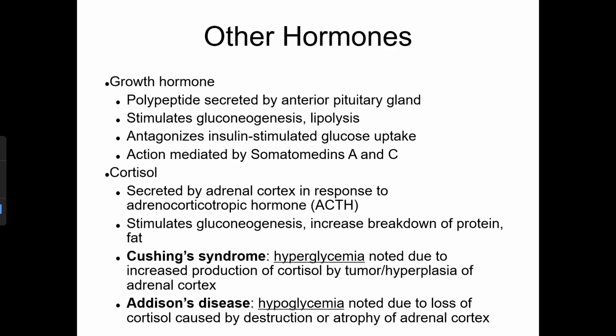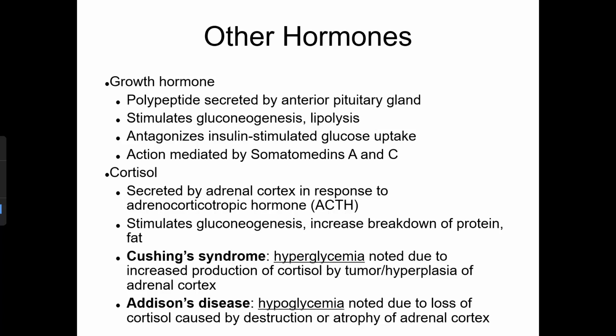Cortisol is secreted by the adrenal cortex in response to the adrenocorticotropic hormone, ACTH. ACTH is released by the anterior pituitary gland. Cortisol stimulates gluconeogenesis, increased breakdown of protein and fat.